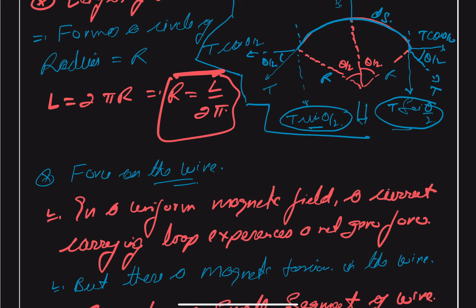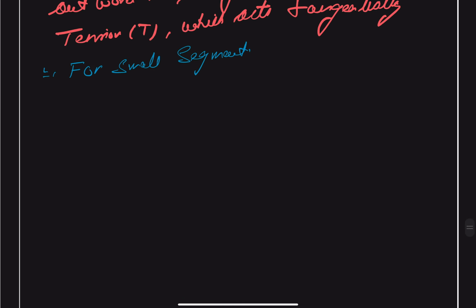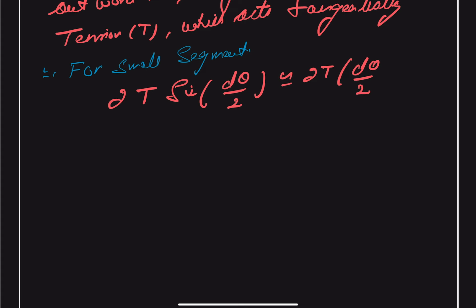Now the angle we have taken is a small angle, that is d theta. So we can write 2T sine of d theta by 2, and we can approximate for the small angle, we can write this as 2T times d theta by 2, which gives us T d theta, because here 2 cancels with 2.